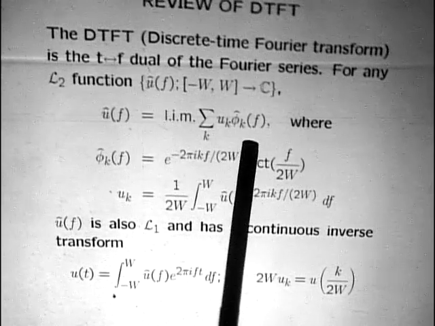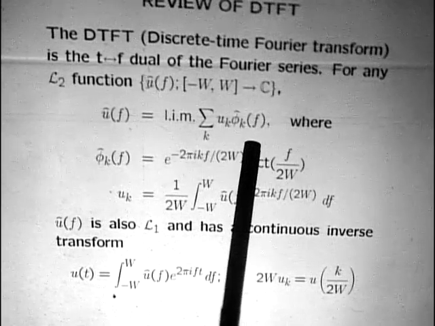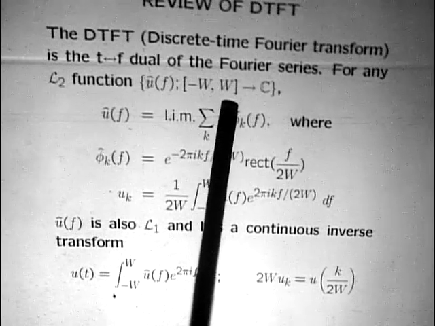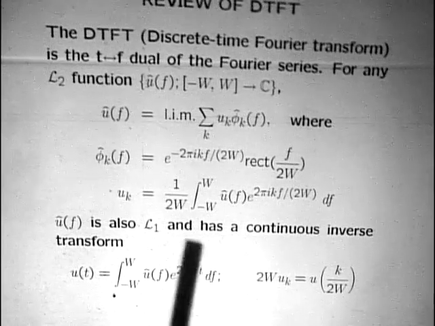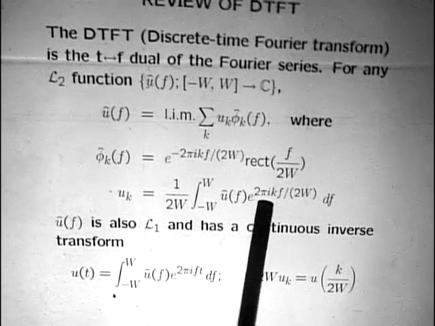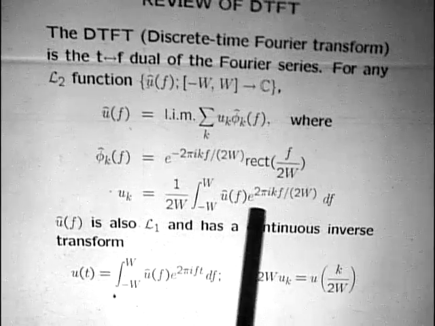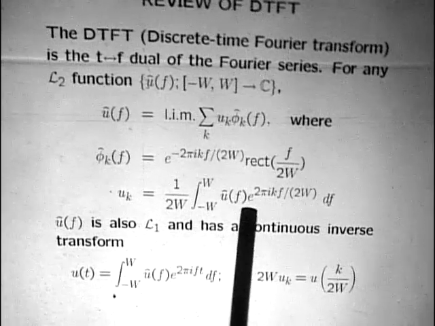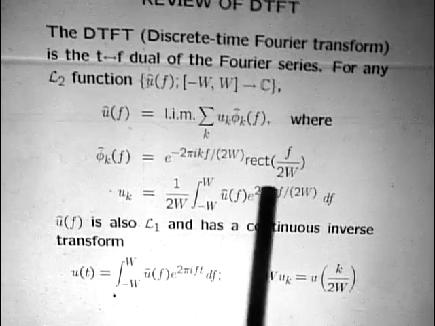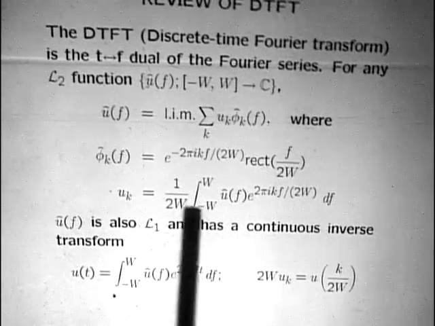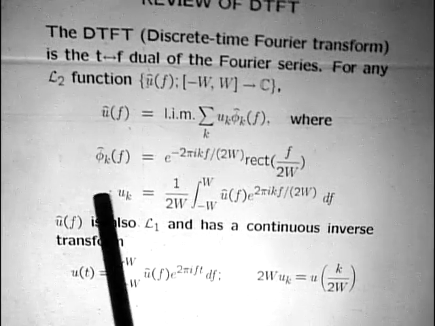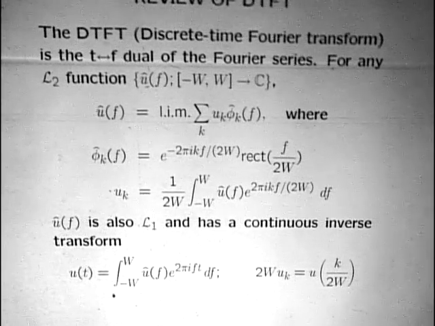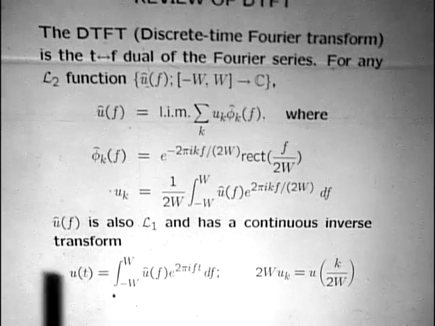This is exactly the same as the Fourier series, replacing times with frequencies, replacing w for t over 2, and in the complex frequency, you're replacing e to the plus 2 pi i with e to the minus 2 pi i in the Fourier series. So those are the only differences. It's just notational differences. And aside from that, it works exactly the same way.